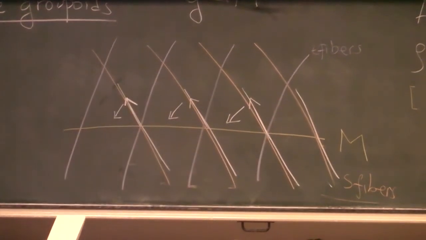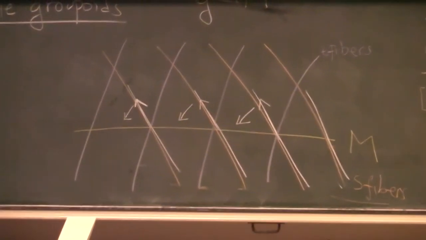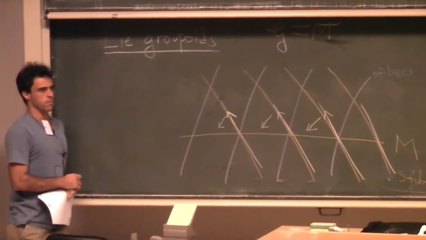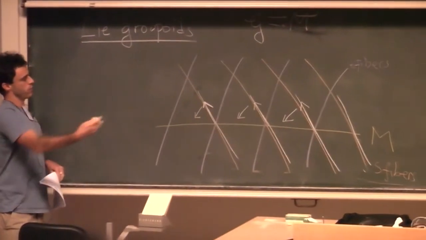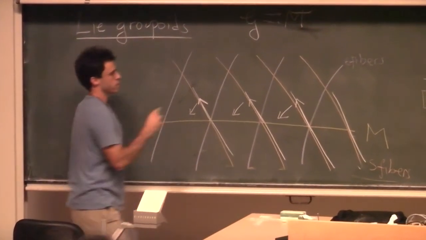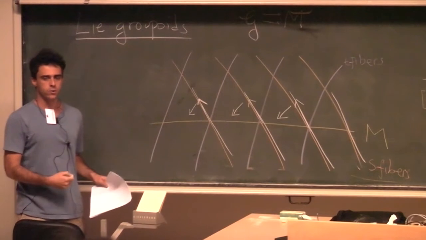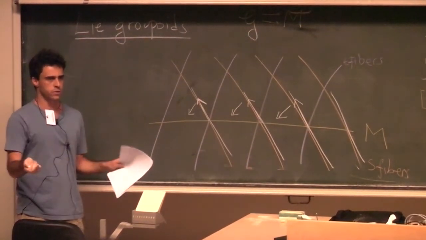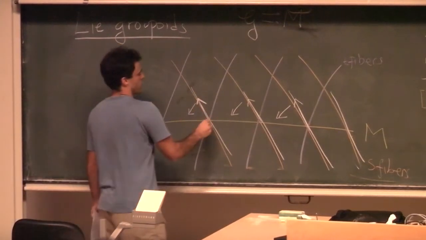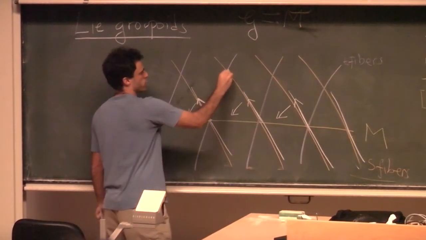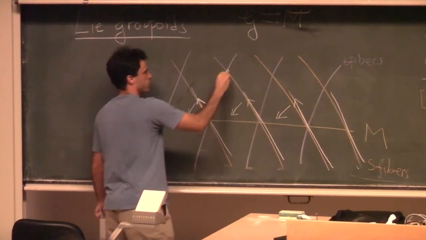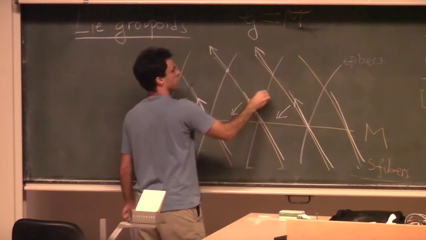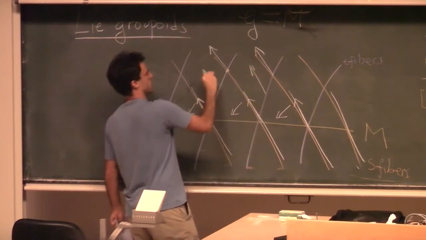And what you can do now is do exactly what you do for Lie groups. You can translate them and get vector fields over the groupoid. So remember that left and right translations are defined on groupoids, except that you have to be a little careful about this composition issue. So, for example, you can bring this guy over to this point by right multiplication. So this guy goes here. And this guy, you can bring it here, or here, and this guy comes here.